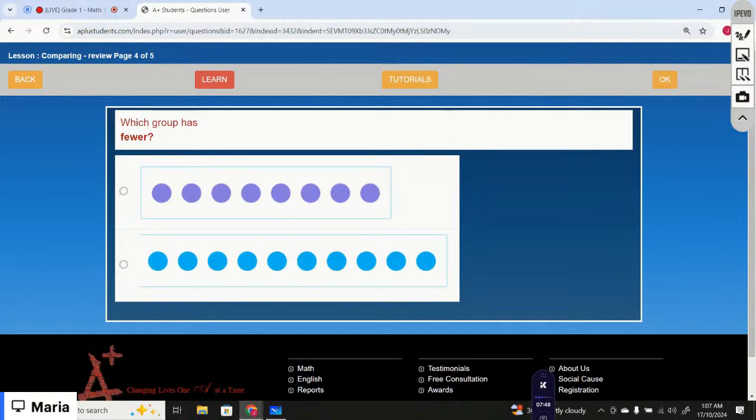Which group has fewer, purple or blue? Which is the correct option?